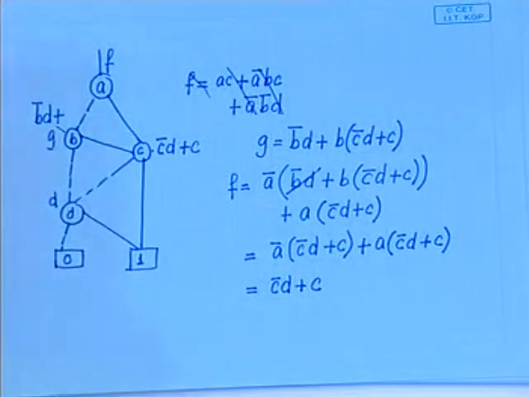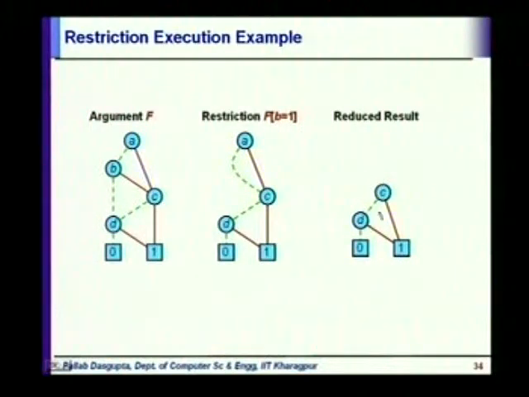Now, come to the final BDD that we got here in the computer. What do we have here? C bar D plus C, right.